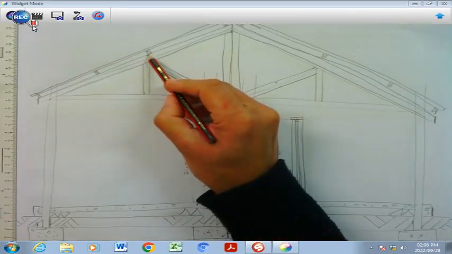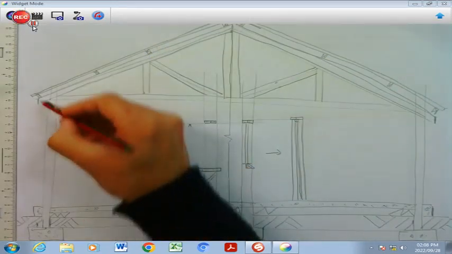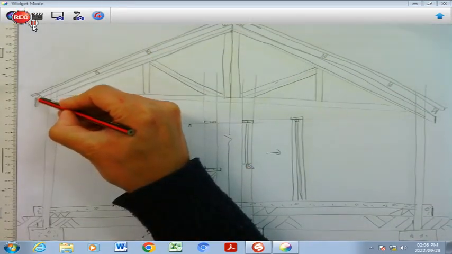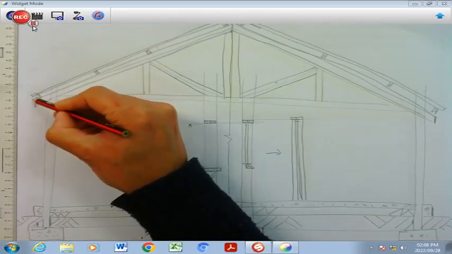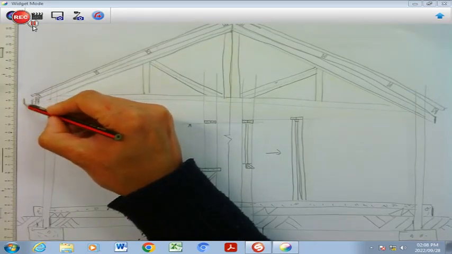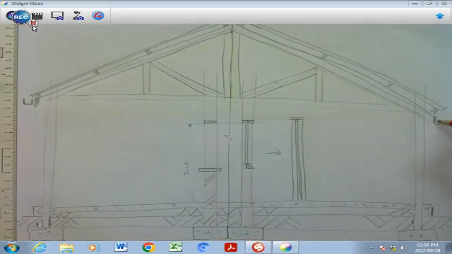Remember, this distance here is 3 millimeters, and that up here is 4. You will have, of course, your fascia board here, which is 1 millimeter by 12, and then of course your gutter will be 5 here and 8 millimeters there. Your fascia board 1 and 12, that will fit perfectly in there. And then you will have your gutter that is 5 by 8 here at the bottom.